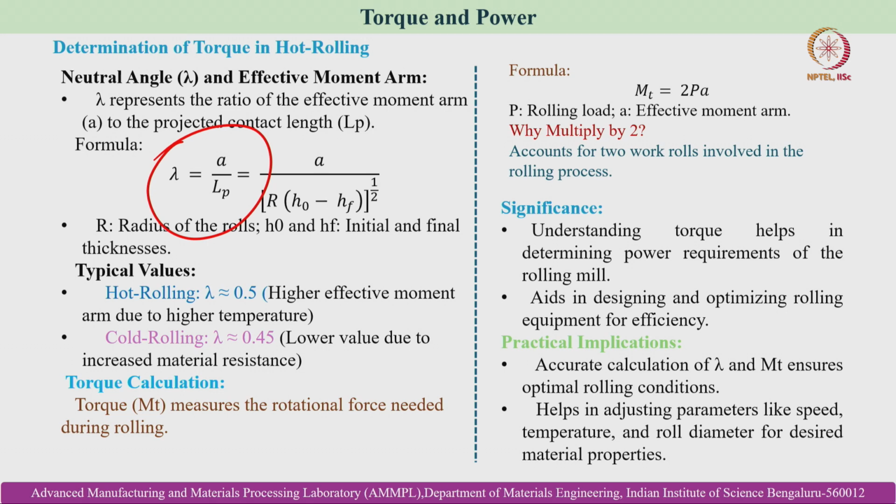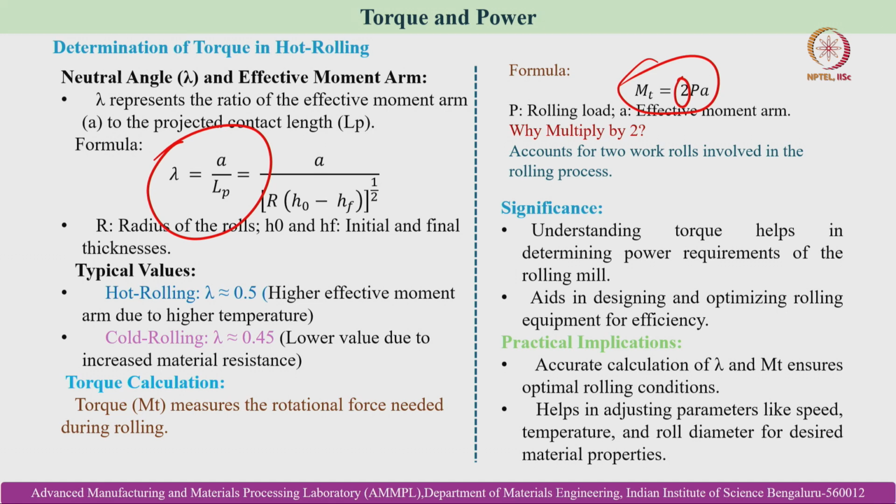Here we are multiplying this product of the rolling load and the distance of the effective moment arm by 2, because we are talking about involvement of 2 work rolls. So, that is the reason that we are multiplying it by 2 to calculate the torque value, that is MT. Significance: understanding torque helps in determining power requirements of the rolling mill.